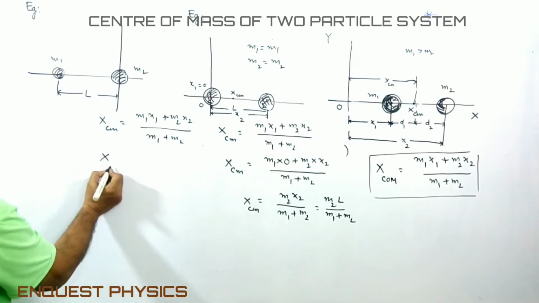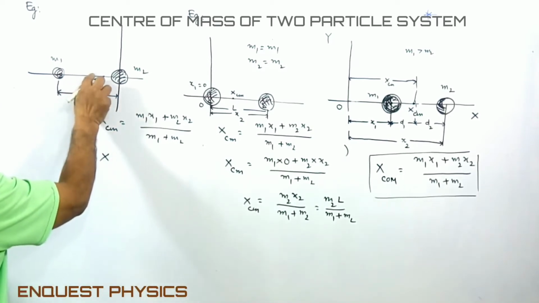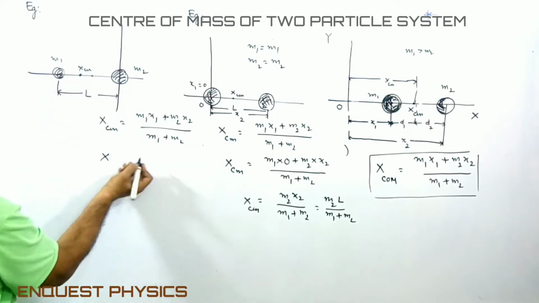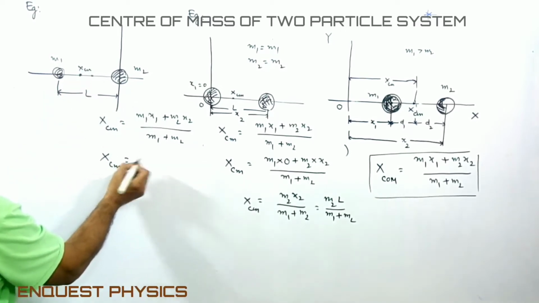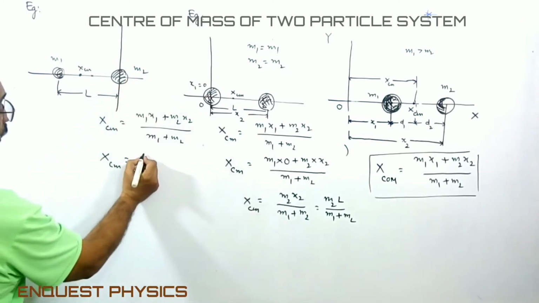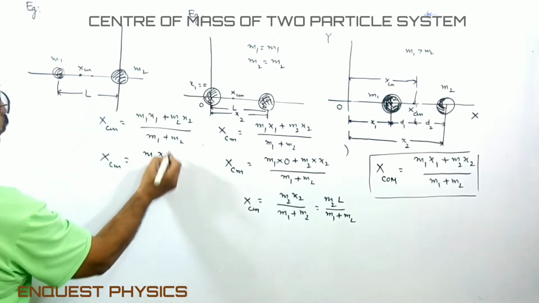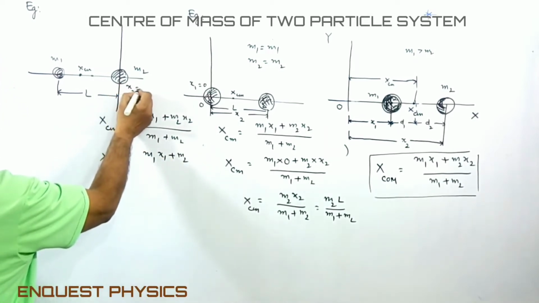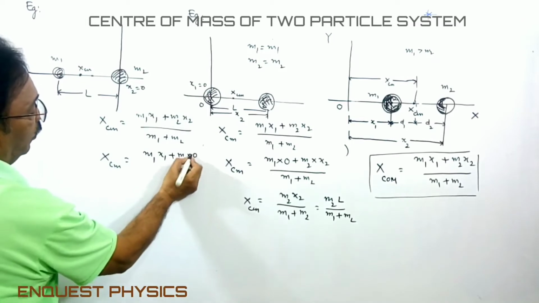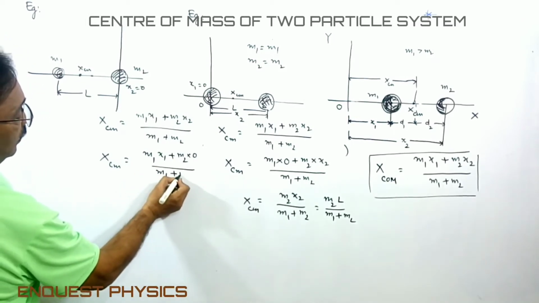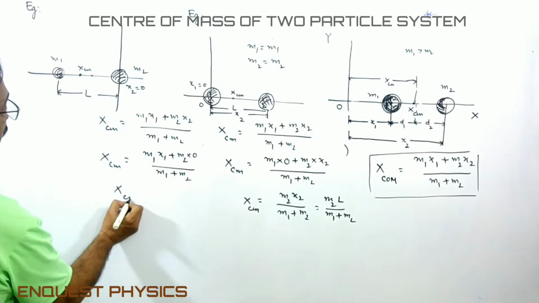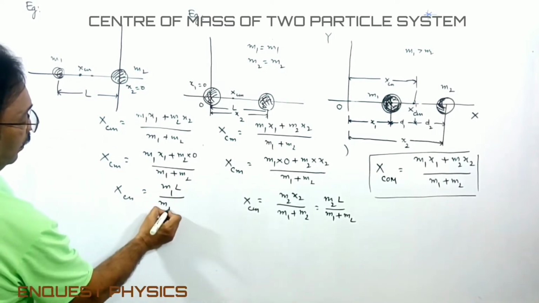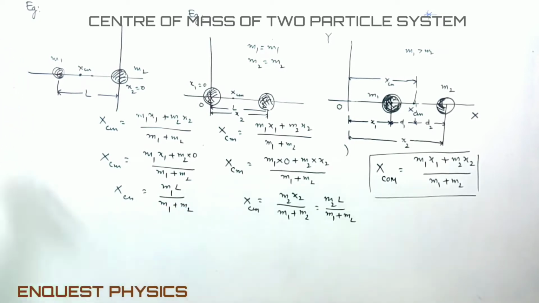It is at the heavier mass we said, so it is Xm. Then we get m1 x1 plus m2 x2, where x2 is at the origin, that is 0, by m1 plus m2. That is Xm is equal to m1 L by m1 plus m2.